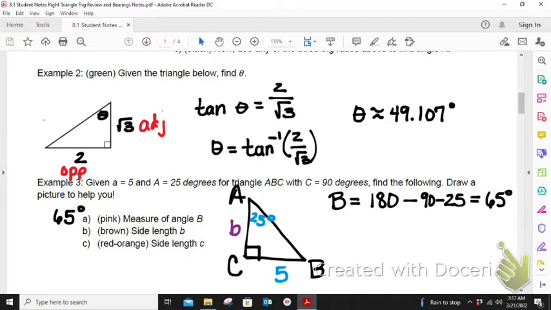I'm going to use what was given. So using this as my reference angle, I want to use the 25. What would that b equal? Is this opposite, adjacent, or the hypotenuse? This little b, in reference to this angle here. It's adjacent. So let's write that on our triangle.